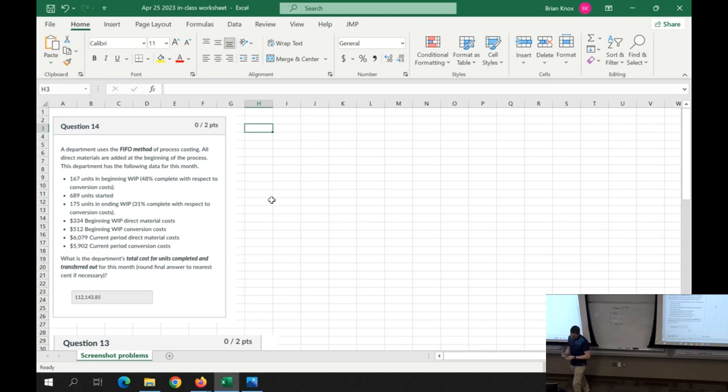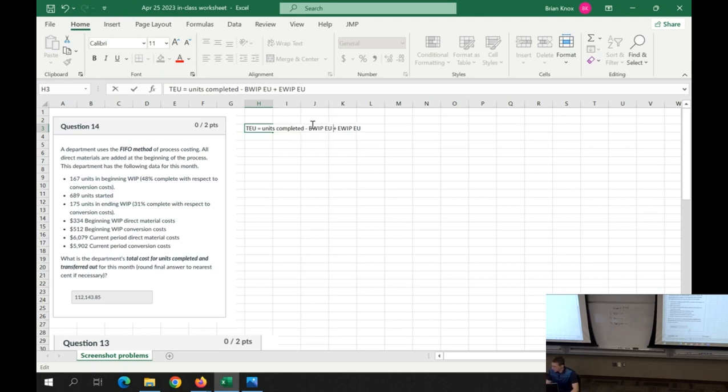in this spreadsheet. I organized our plan of attack on the board just fine, but we're going to do it in the spreadsheet here. So first we want TEU, and TEU equals units completed, actually, I'll put the minus first. Minus beginning WIP equivalent units and plus ending WIP equivalent units.